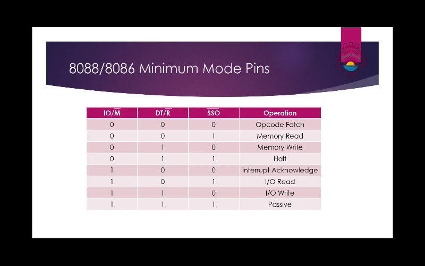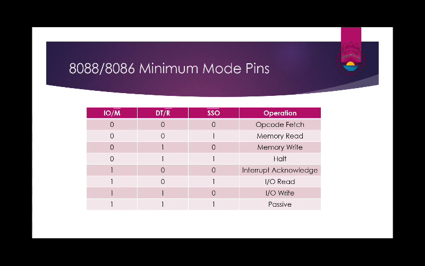If there are 000 at IO/M bar, DT/R bar and SS0 bar, then the microprocessor is executing opcode fetch bus cycle. In case of 001, the microprocessor is executing memory read bus cycle.